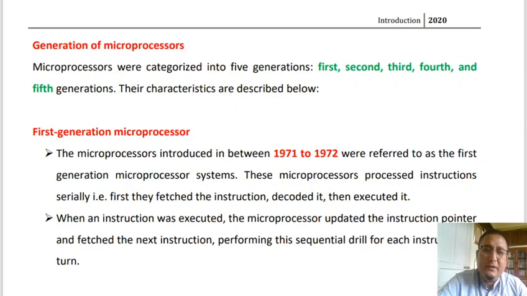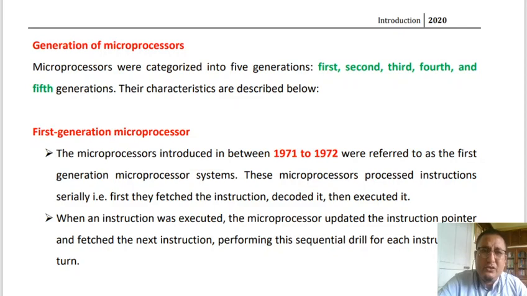In this type of execution, the microprocessor updates the instruction pointer and fetches the instruction that is to be executed next so that the instructions are sequentially exhausted. So this considerably reduces the capability of the microprocessor in terms of throughput.